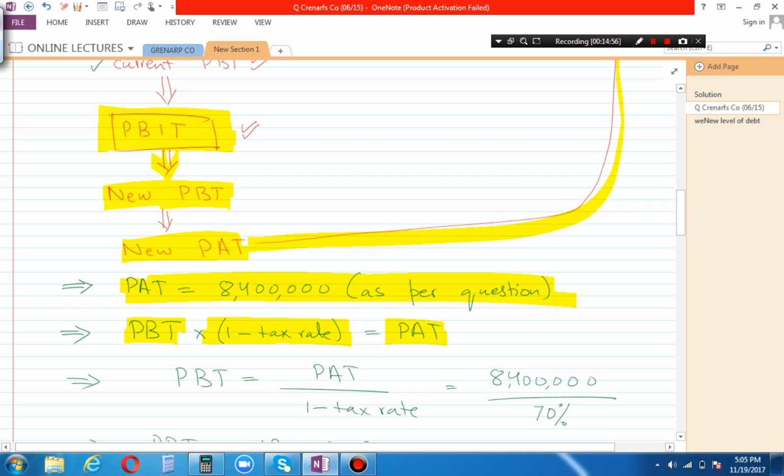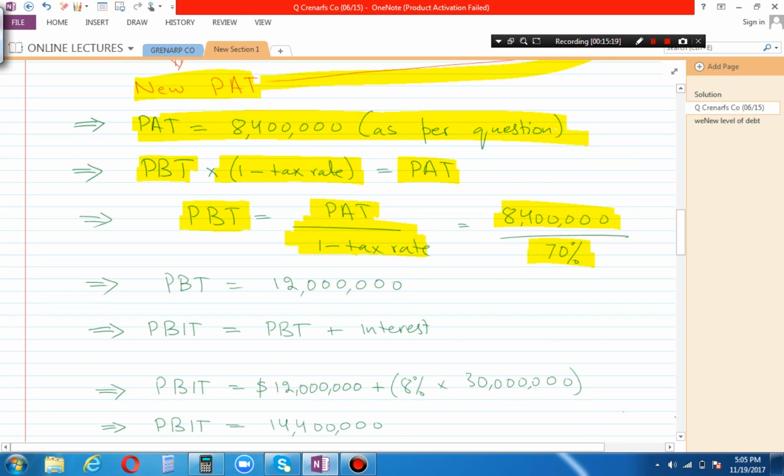So if you want to calculate profit before tax, then profit after tax divided by 1 minus the tax rate would be equal to profit before tax. So profit after tax given to us, 8.4 million, divided by 1 minus 30%, which is 70%, would be equal to your profit before tax.